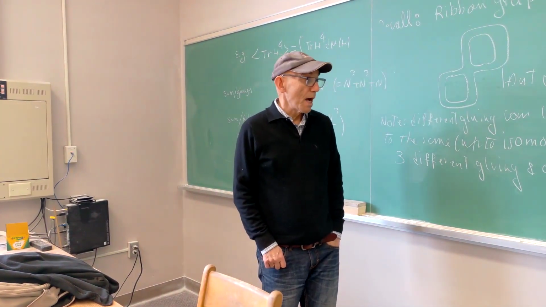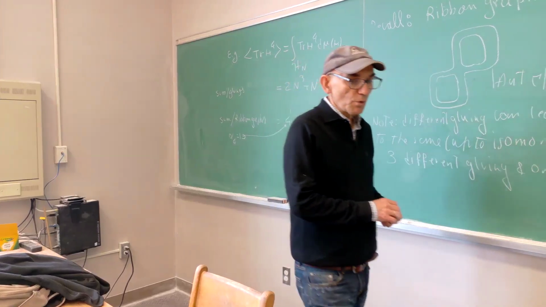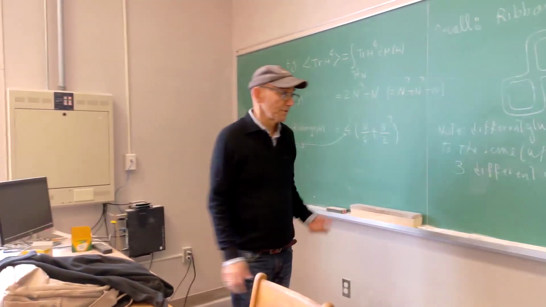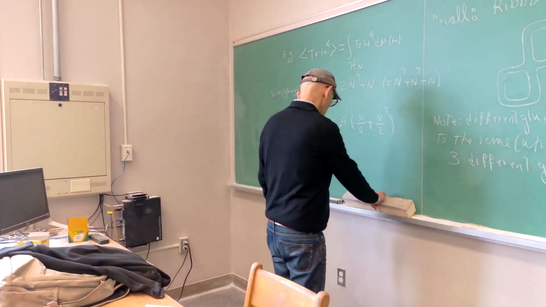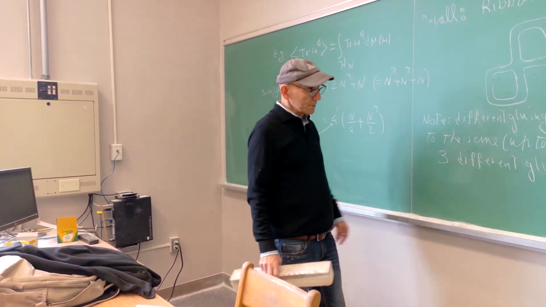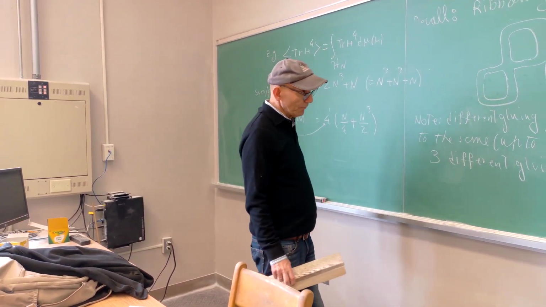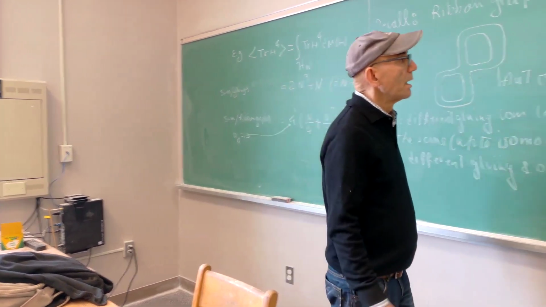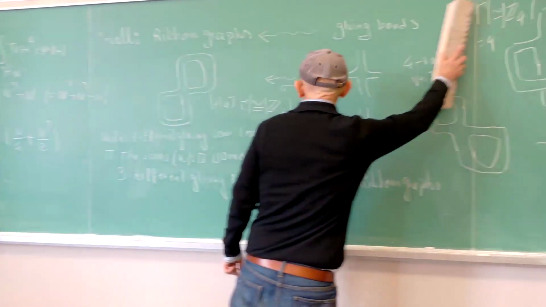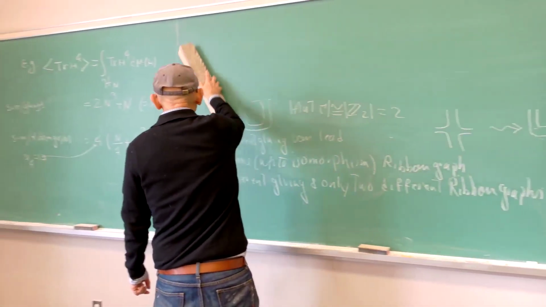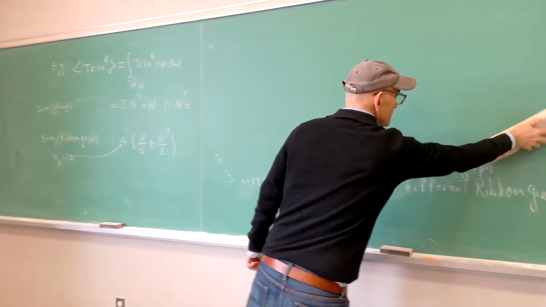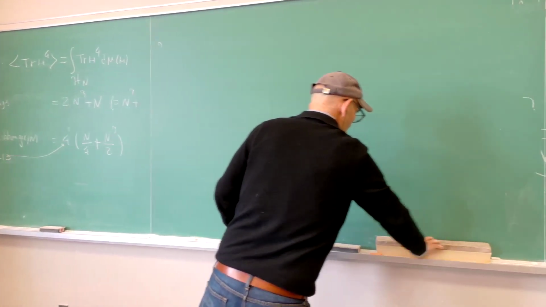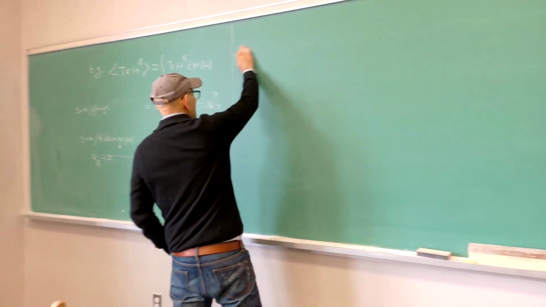Okay. Now, we want to go to a kind of dual picture, which is very interesting. So we are now going to sum over actually discretization of the surface. This is very much in use.